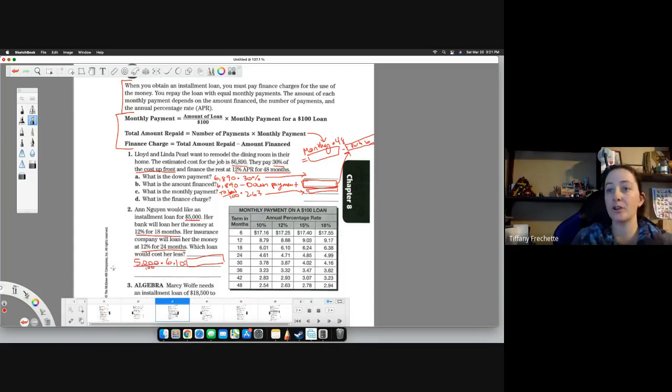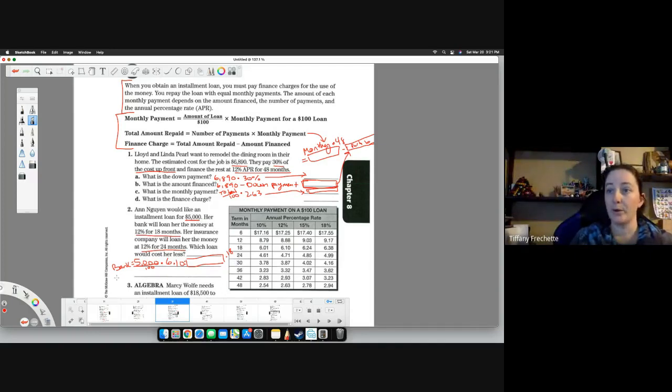So that's how much her bank is going to charge her per month. We're not quite done with that. We need to multiply that number by 18, how many total payments she's making, and then subtract from the 5,000. That'll tell us how much was financed. No matter what, she's borrowing the 5,000, but we want to know how much more interest this is going to cost her.